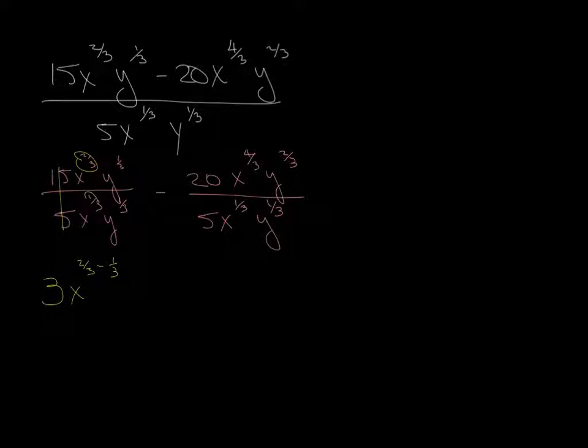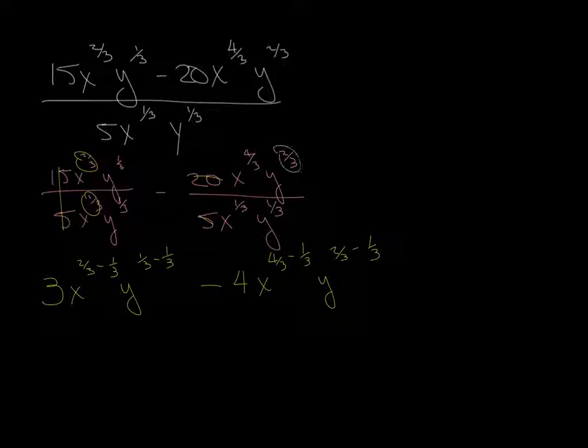So this minus this, y to the 1/3 minus 1/3, minus 20 over 5 is 4, x to the 4/3 minus 1/3, y to the 2/3 minus 1/3. So again, I subtracted exponents.